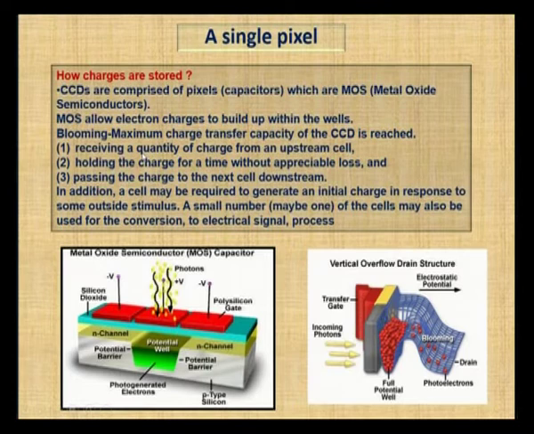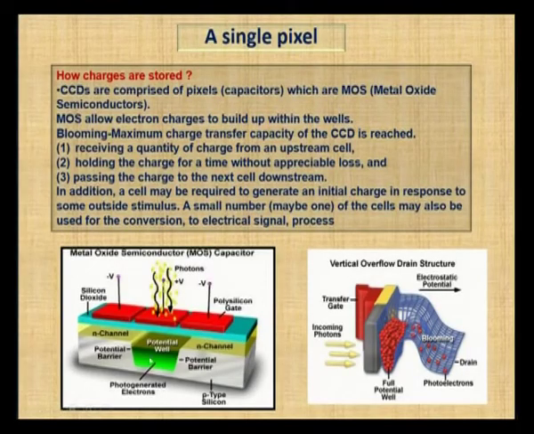Once it is initiated, the next cell has to take the charge packet from the upper cells and give the same charge packet to the lower cells, and it has another property: it has to hold it for a specific time without losing any data. These are the features that a pixel should have.